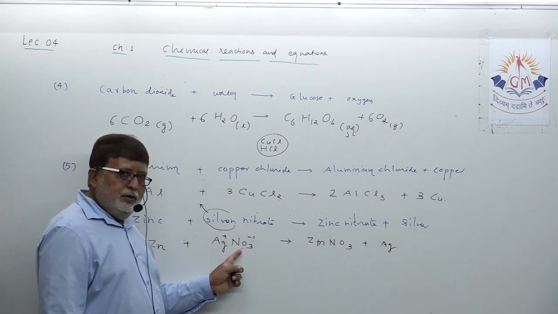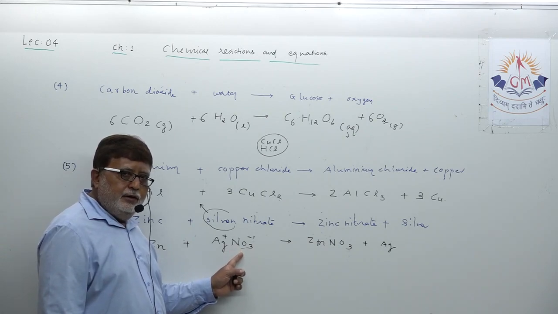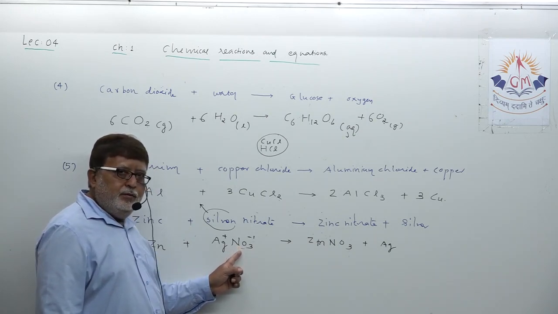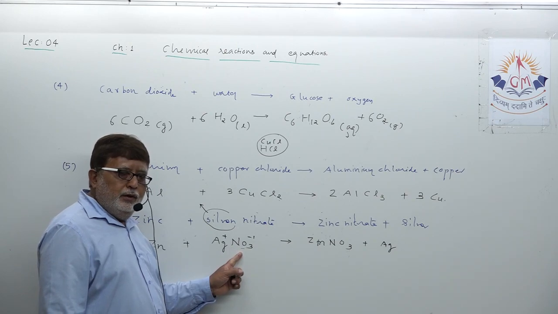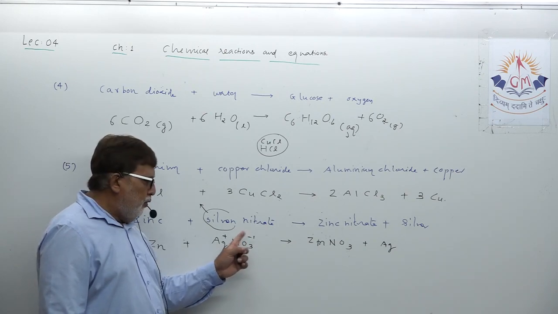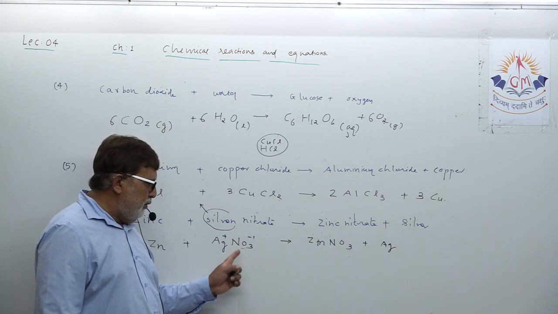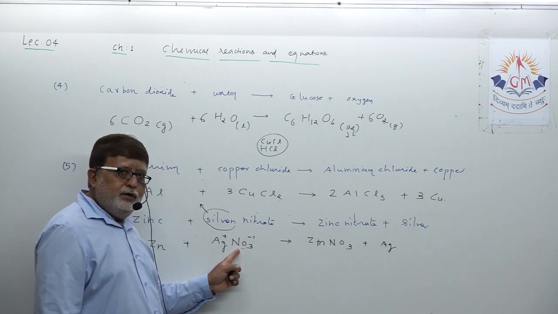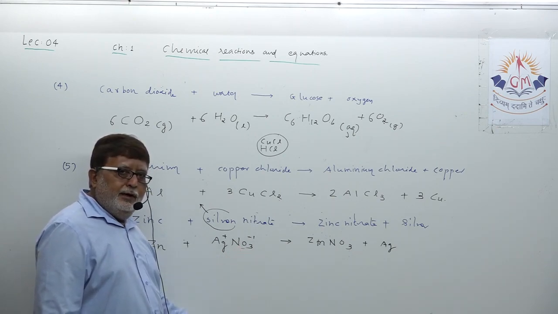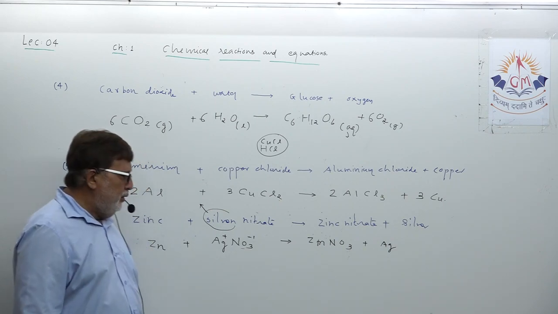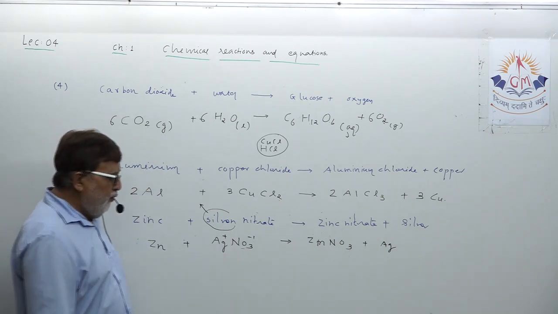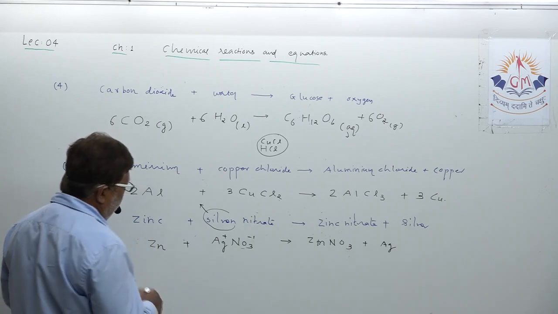You must have understood this in 9th standard. This is a polyatomic ion. You understood, no? Though overall it has a minus charge, this ion consists of 1 atom of nitrogen and 3 atoms of oxygen. Understood? So this way you have to design the formula.